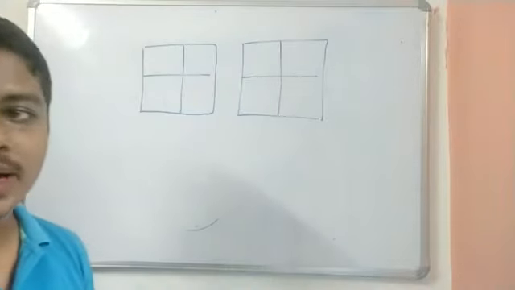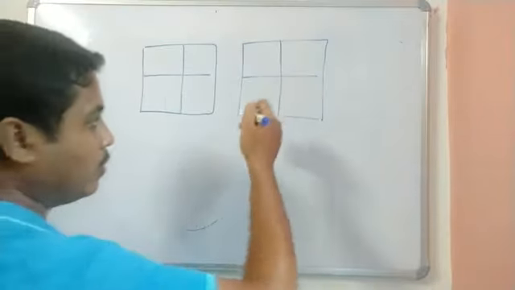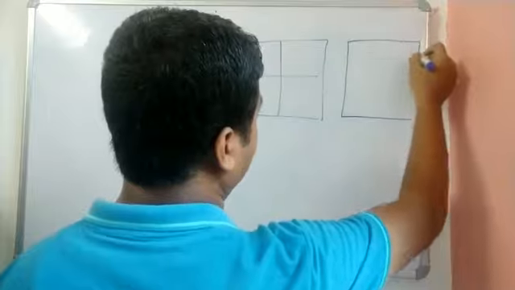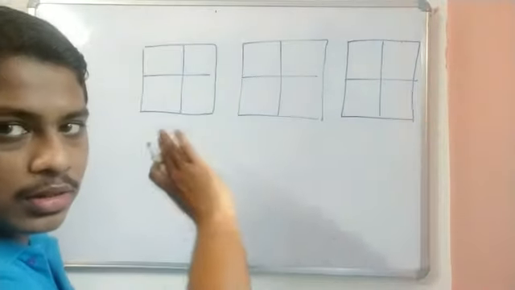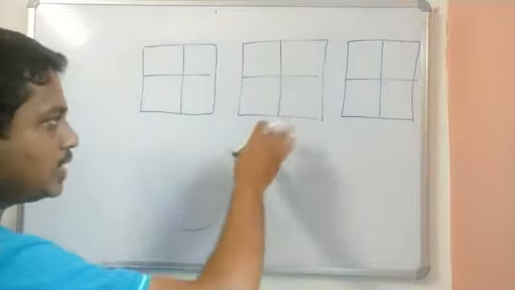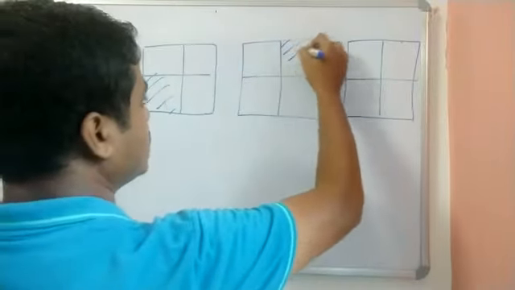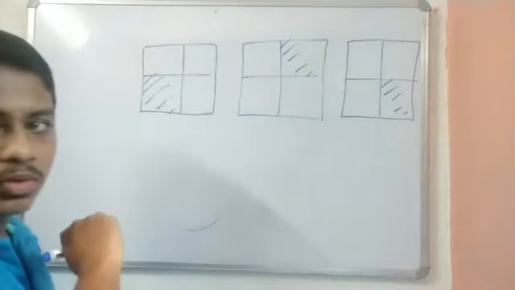Suppose I consider one more square, again divided into 4 parts. Of these 3 squares that I have drawn, suppose this is shaded, this is shaded, and this is shaded.